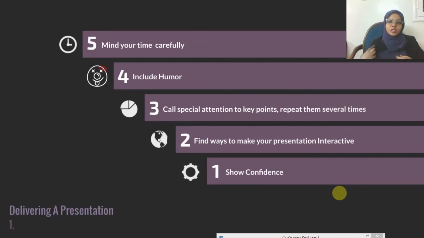Okay, this is like a small icebreaker in the beginning of the session, a small game, a small activity that will make your presentation interactive. Okay, it will make you comfortable standing there in front of people, and will make your audience more engaged in what you have to say.